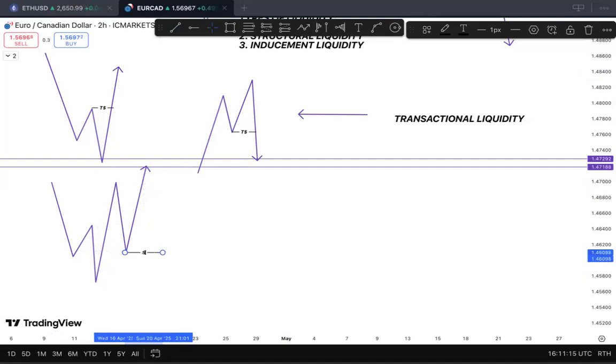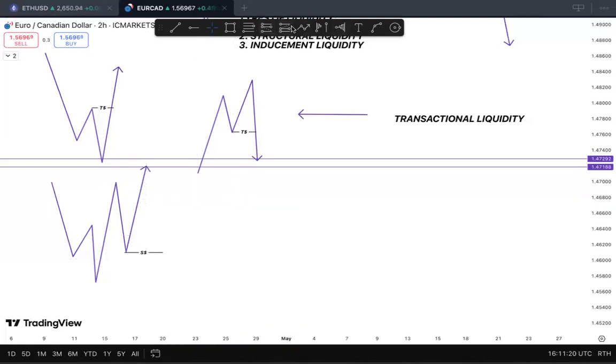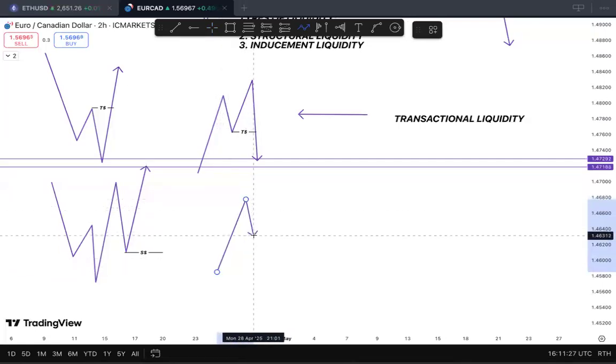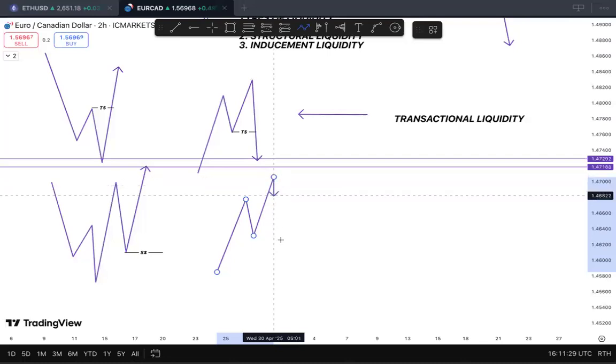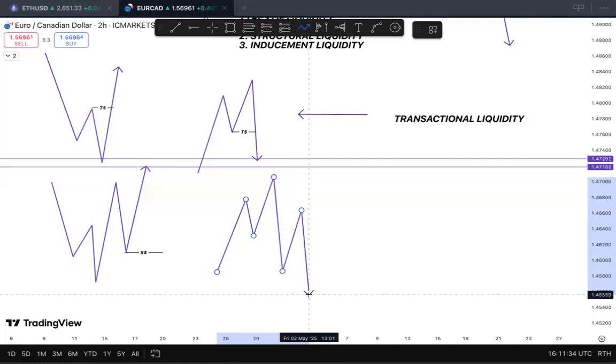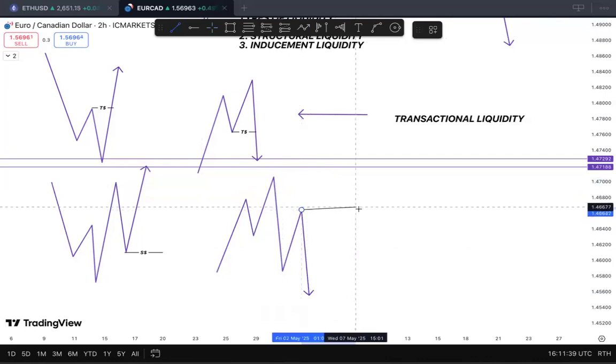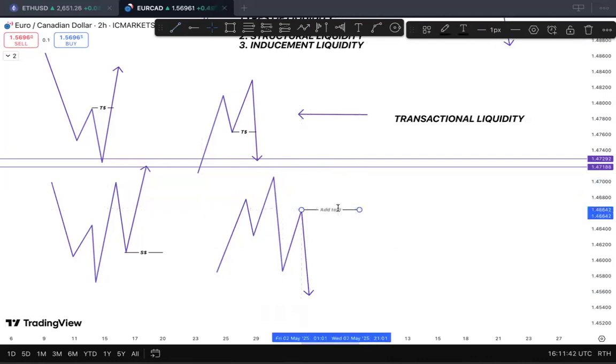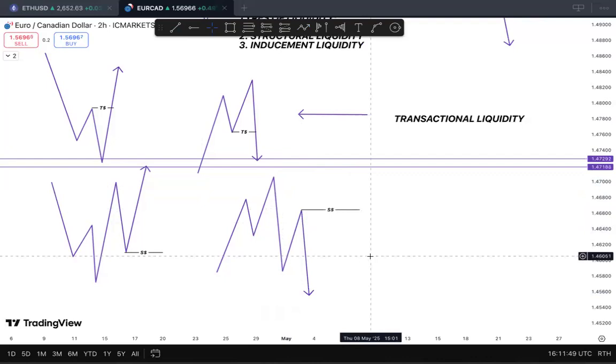So I'm going to put S dollar. The same thing when the market is moving, we have this. We call it S liquidity. So this is our structural liquidity.